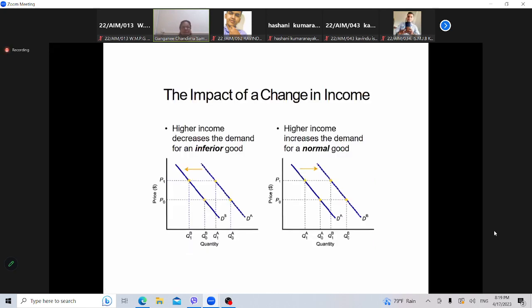So this is the impact of change in income. High income decreases the demand of an inferior good, and high income increases the demand for normal goods. See, it increases the demand for normal good and decreases the demand for inferior good.